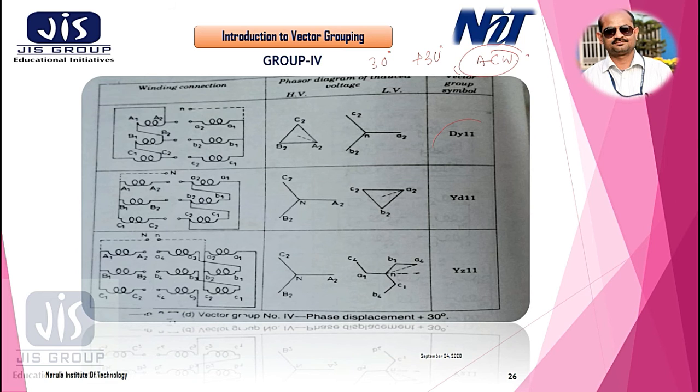You have to keep that in mind. So YD1, DY11, YD11, and according to this, a 30° plus phase shift is occurring, and these are the winding connection diagrams. So let me draw the DY11 and YD11 in detail for your better understanding.